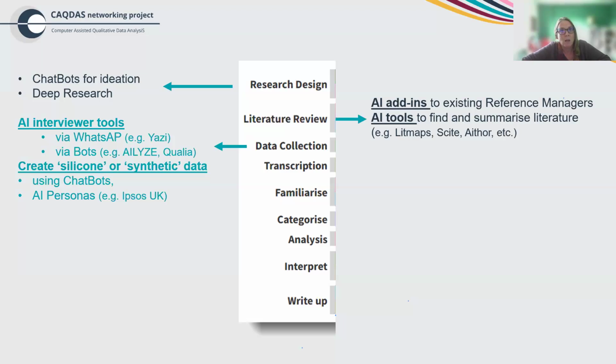One of my colleagues, Steve Wright, who I've done quite a lot of work with around these topics, talks about a student having done this in order to learn how to do qualitative analysis. So not only teachers doing it, but students, rather than having to go through all of the ethics, IRB and everything in order to generate a small amount of data from real people to learn how to do a qualitative research project.